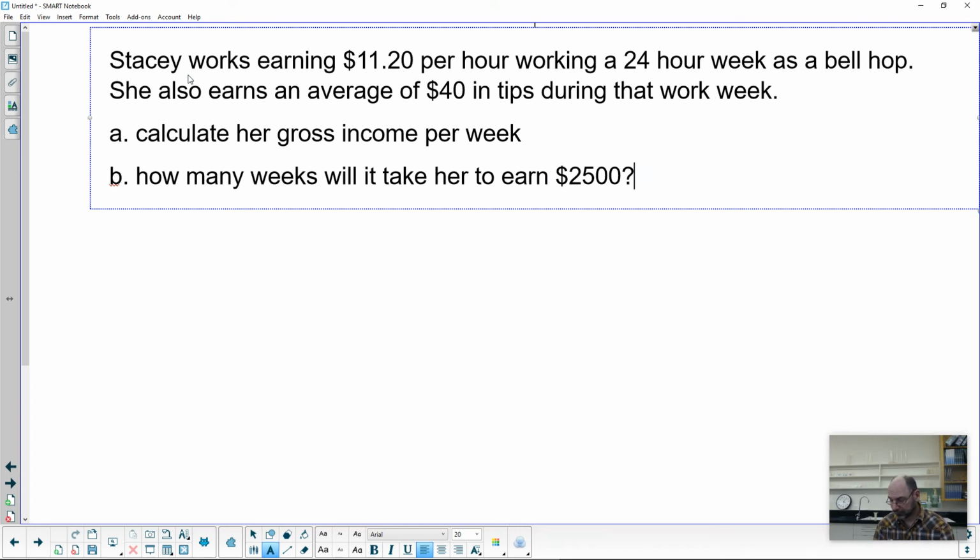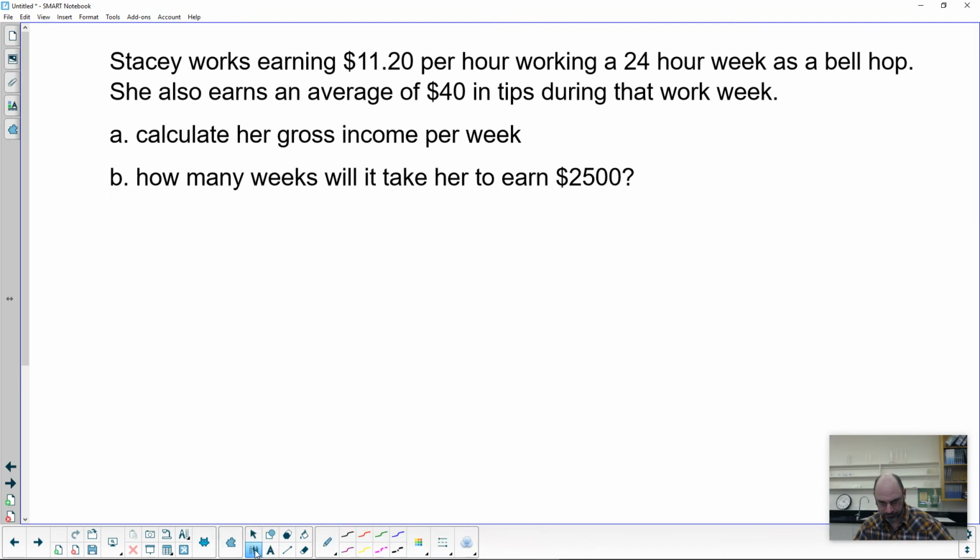Okay, so we can get our calculators out. We're going to do this problem. First we should figure out what she makes per week by finding how much wage she earns plus adding her tips. So she's going to make $11.20 per hour times 24 hours.